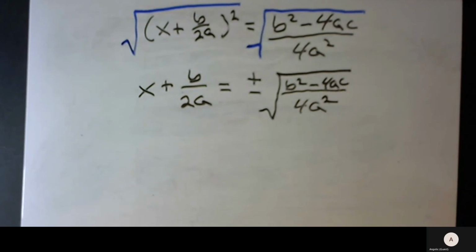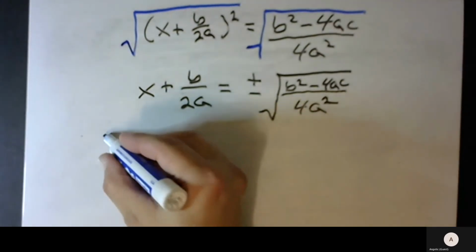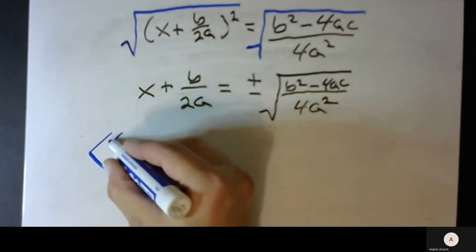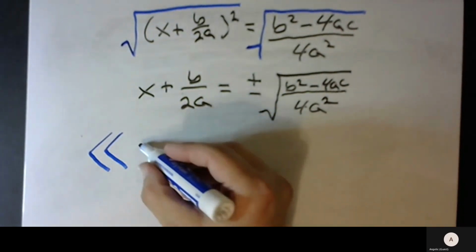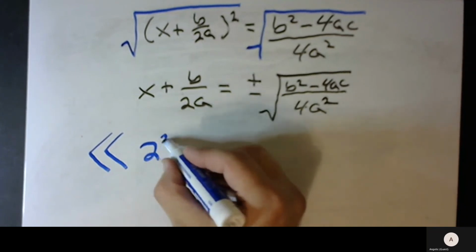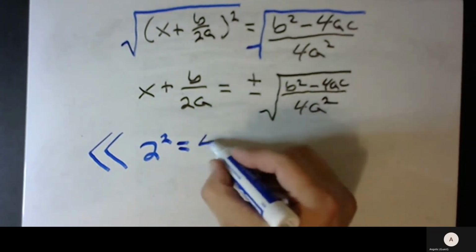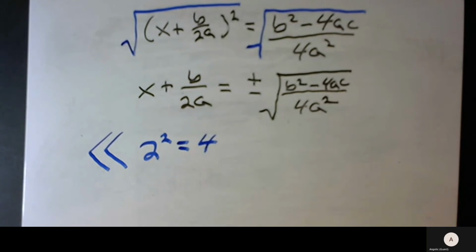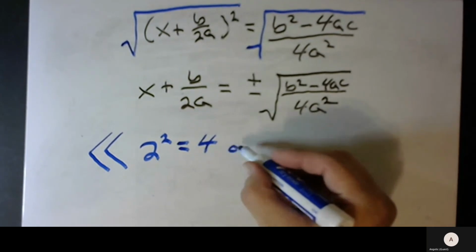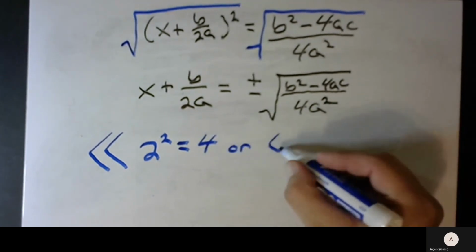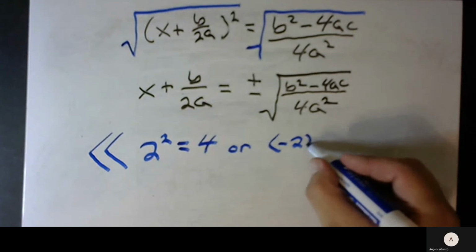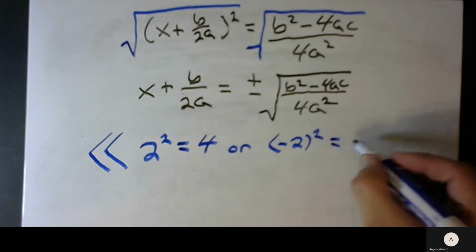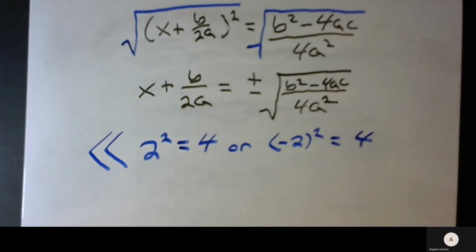Now, the plus or minus here, where this comes from, I'll make a little note. If you take 2 and square it, you get 4. Or if you take negative 2, square that, you get 4.